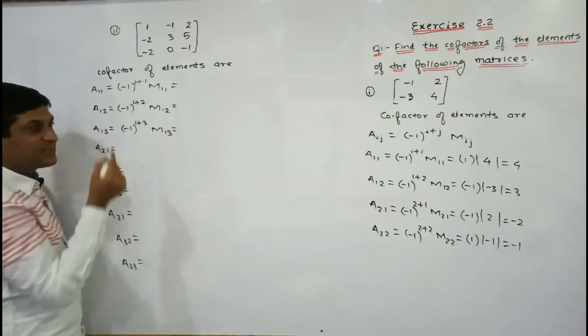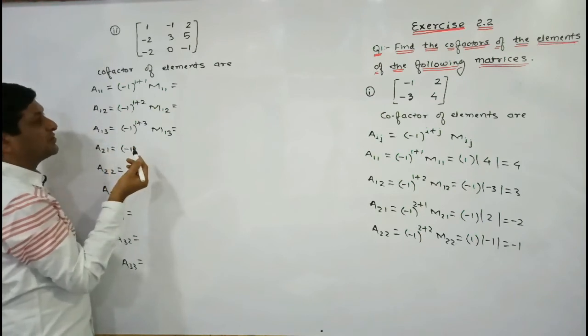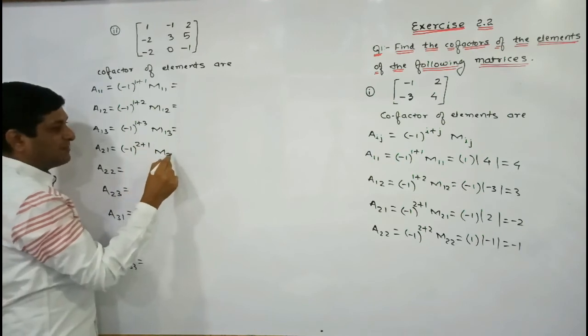So again apply the same formula, minus 1 raised to power i plus j. Here i is 2 and j is 1, so into m21.